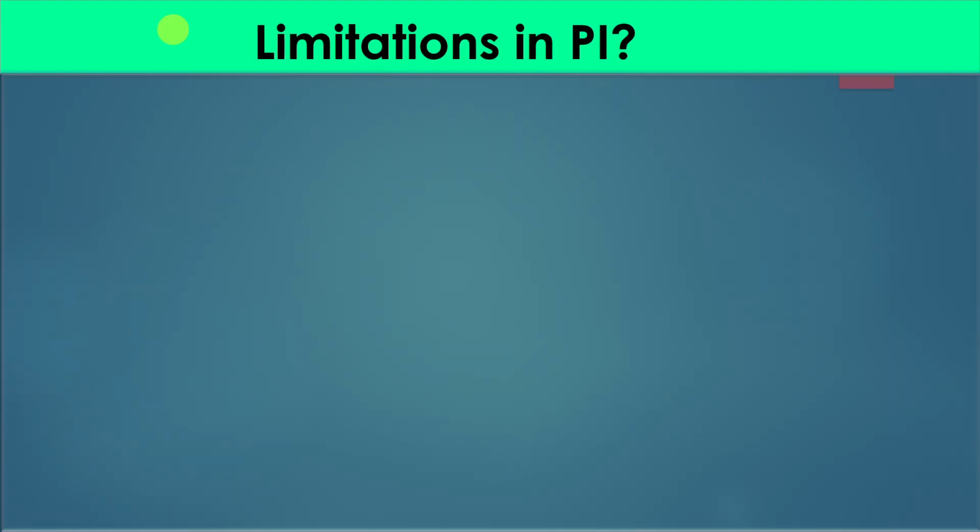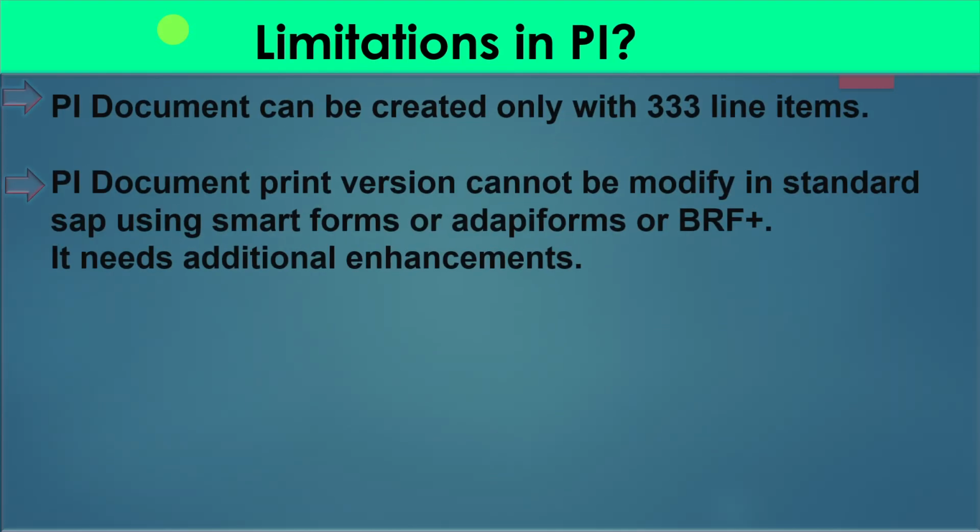Then there are some limitations in physical inventory. A physical inventory document is created only for 333 line items. If there are more than 333 line items, you cannot put them in a single document. You have to create the next document and so on, with 333 line items only.